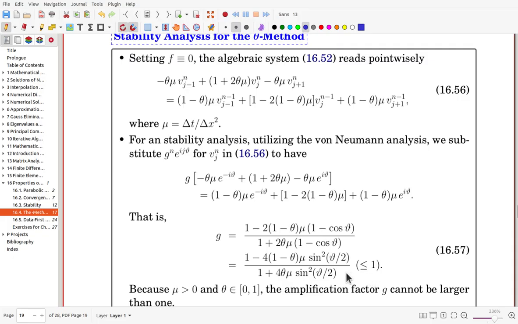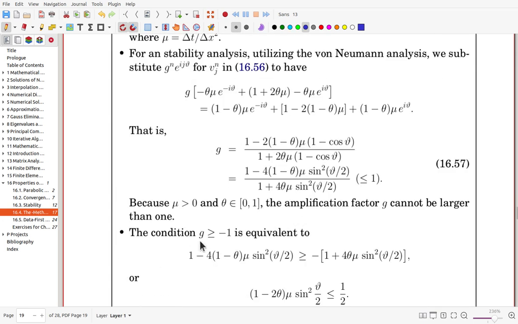Now, what we have to do is g must be larger than or equal to minus 1, so that the absolute value of g is bounded by 1. That one is the same as this one.